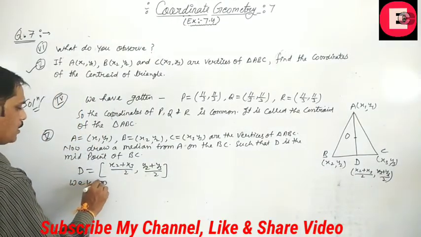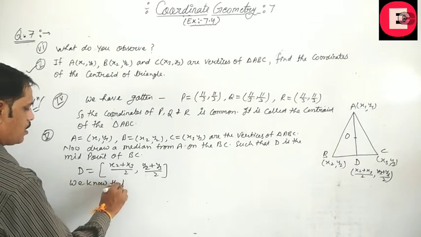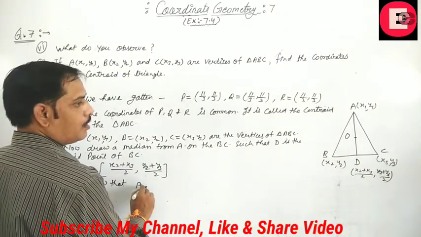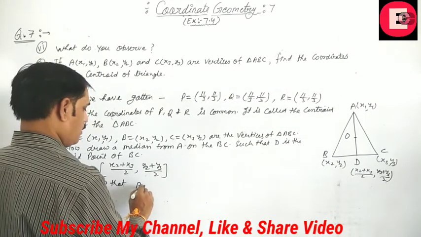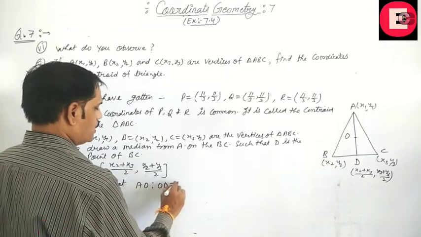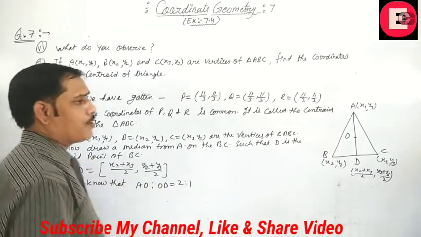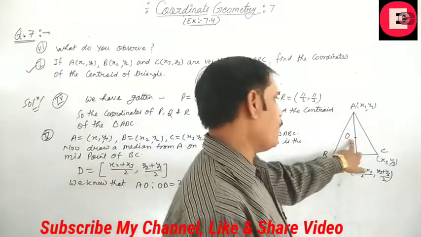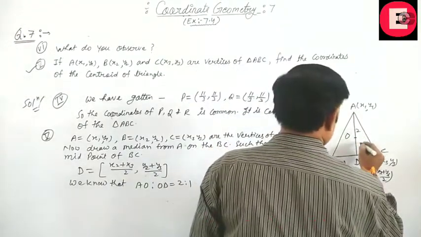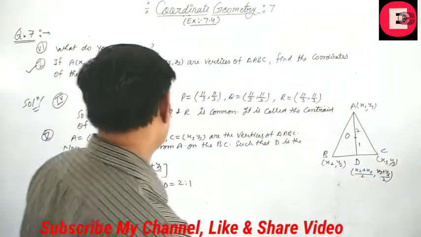We know that AO ratio OD is equal to 2 ratio 1 because the centroid O divides the median in the ratio 2 to 1.